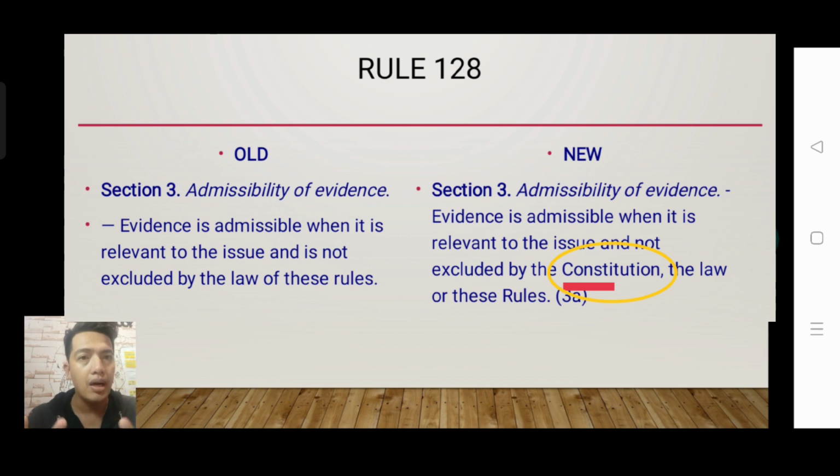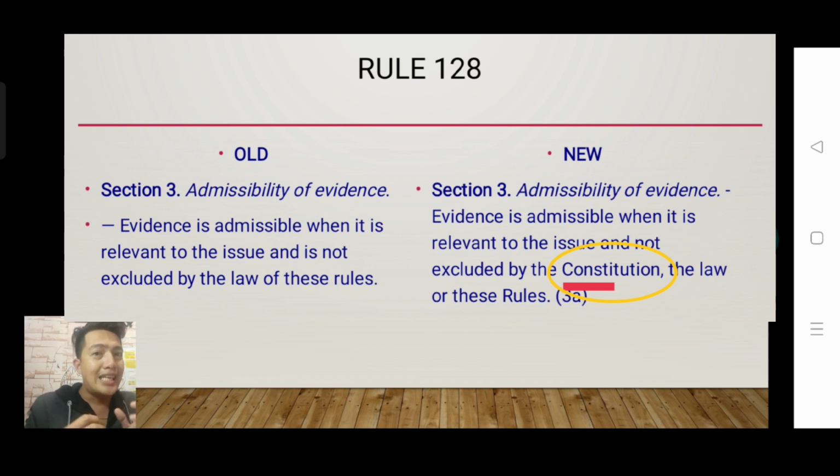Remember, without a search warrant, and it does not fall on the exceptions where arresting a person or searching a property without a search warrant is valid. Even without a search warrant, it is valid as long as you apply the exceptions under the jurisprudence that I have discussed on the topics on search warrant versus warrant of arrest.